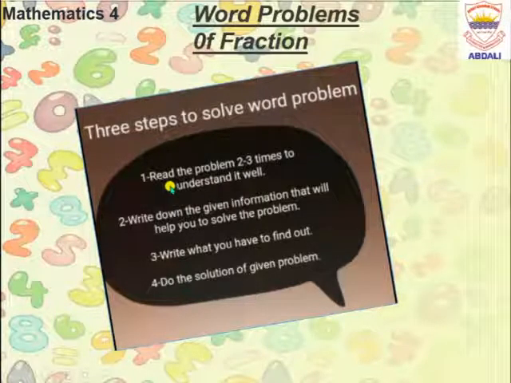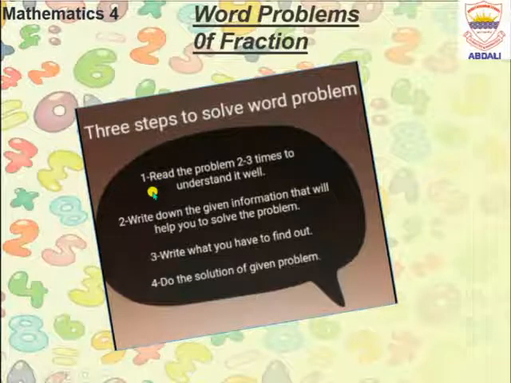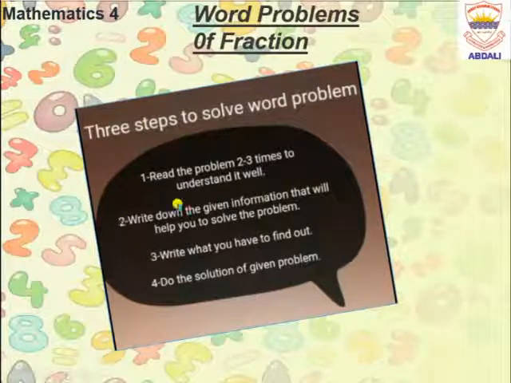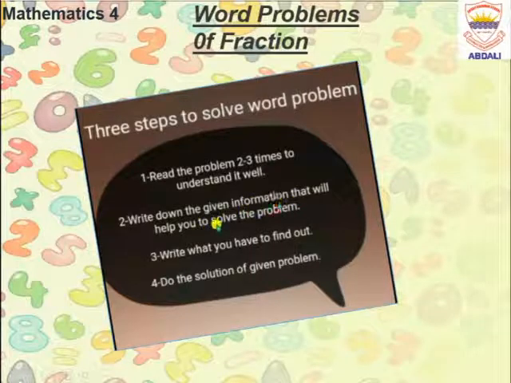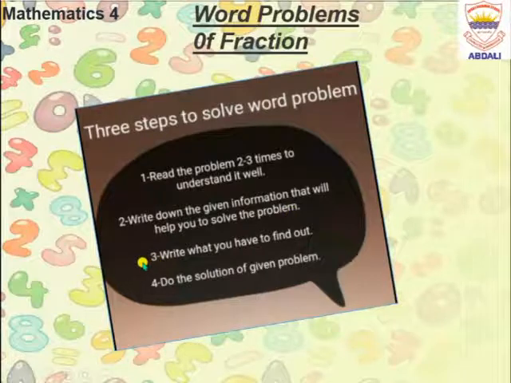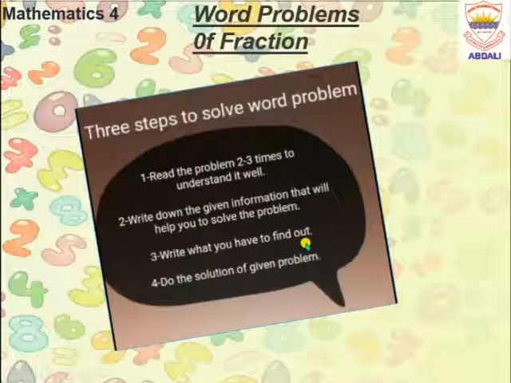Our first step is to read the problem 2 to 3 times to understand it very well. Second step is to write down the given information that will help you to solve the problem. Third step is to write what you have to find out.